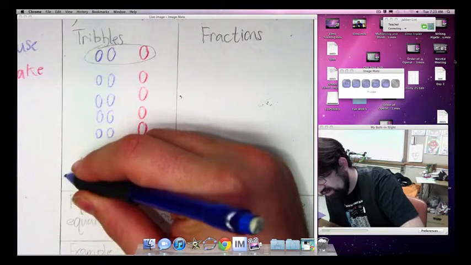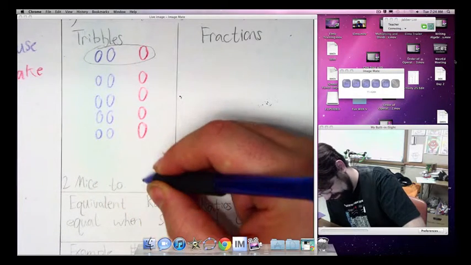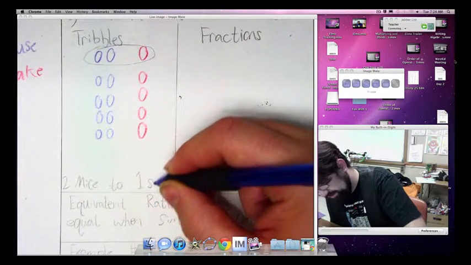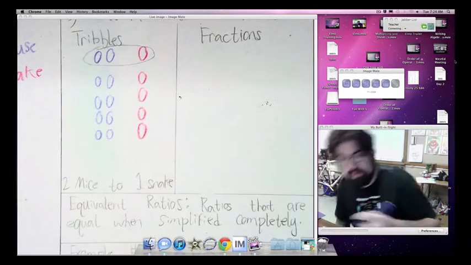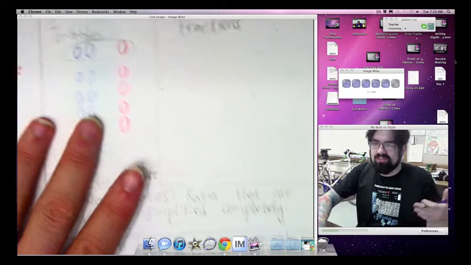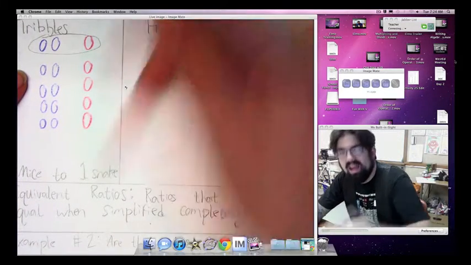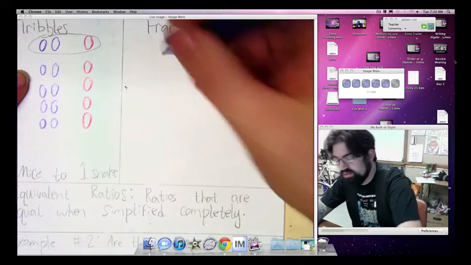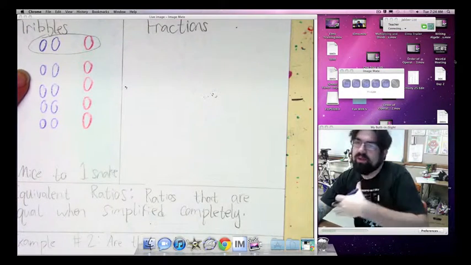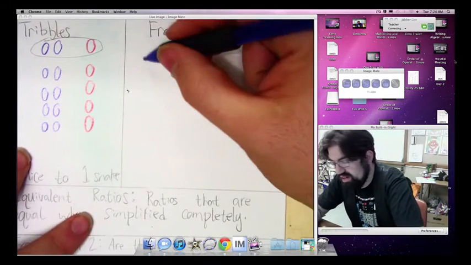So I'm going to write that down. 2 mice, 2, 1 snake. But I'm hoping you're starting to see, like, it's exactly like a fraction. All I'm doing, and I'll do this one like they do this in the book. I prefer the other way, which I'll probably do more often in class, but I'm all for this way too, if you understand it.